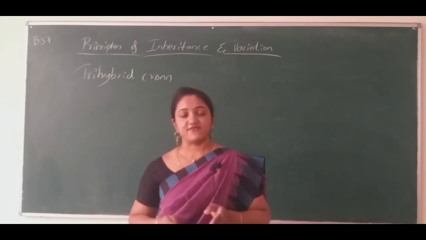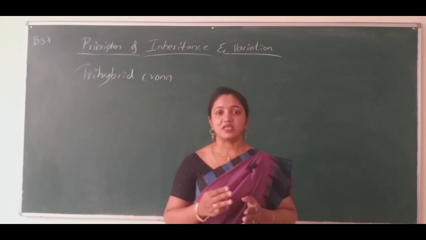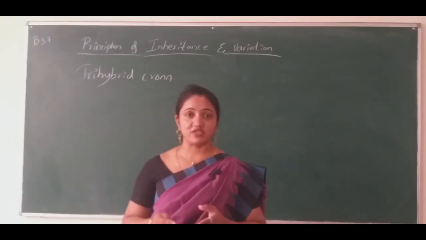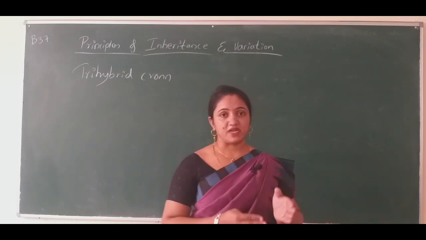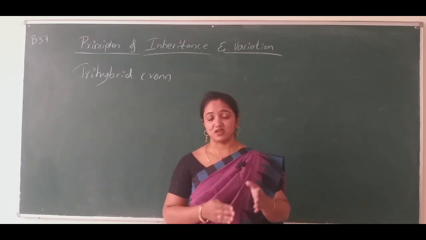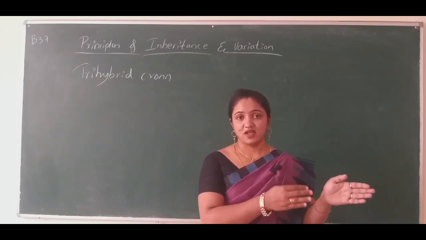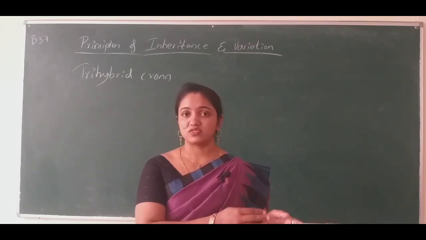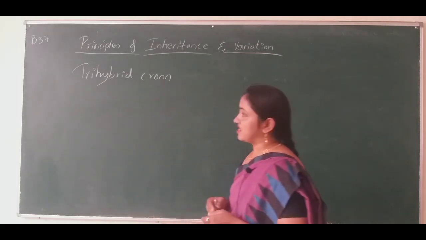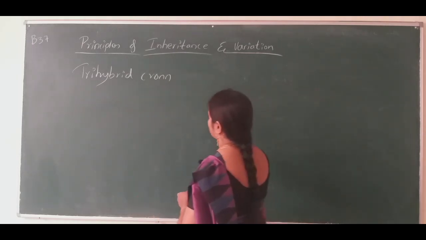The name itself says three characters, or three contrasting characters, we have to take from the pea plants. From the pea plant, what we studied in the introduction class, out of 7 contrasting characters, I am going to select 3 contrasting characters to understand this trihybrid cross.